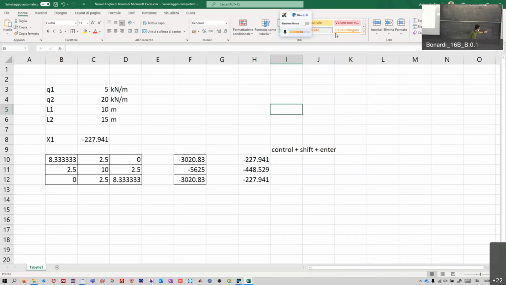To be sure to find the maximum bending moment, we have to find the axis where the shear force is equal to 0. If we want to know where the maximum bending moment in the first beam is, we just write the equation of the shear force. We say that the shear force at the generic x signed in AC has to be equal to 0.